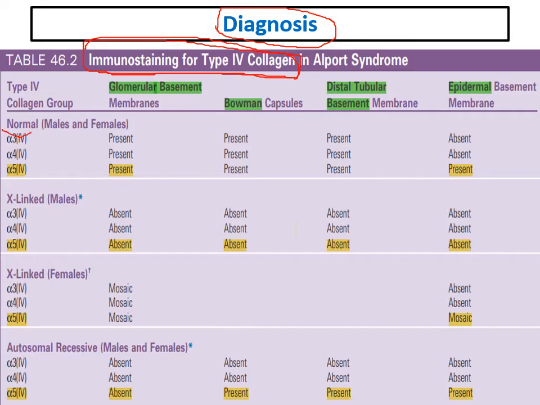In the normal population, look at this as I'm highlighting, alpha 5 staining of type 4 collagen is present in the glomerular basement membrane, and in the skin, the epidermis, normally it is present.